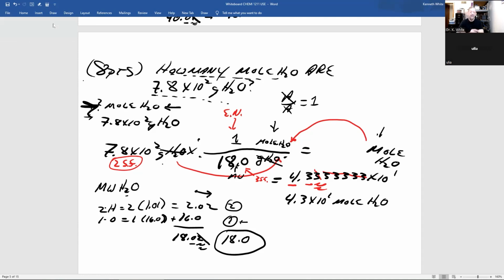And you could have also written it like this. For this number, I would accept this numeric value. So if we needed 7.8 times 10 to the 2 grams of water, how many moles would that be? 43 moles of water.